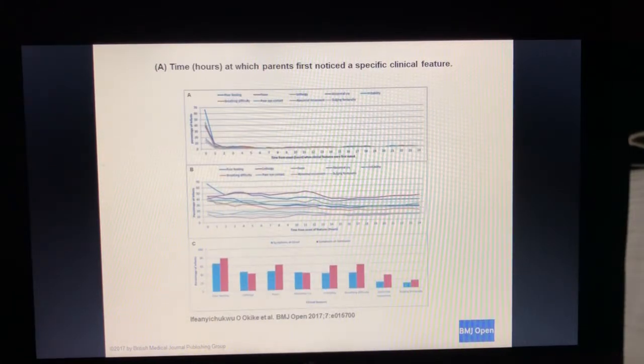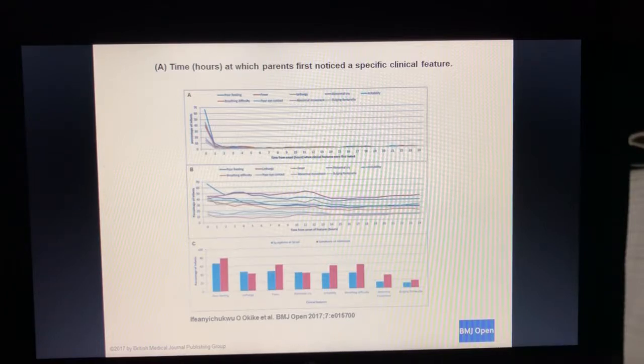And here's the data represented in graphic form. So the top two graphs show the time at which parents first noted each of the specific features, and each coloured line represents one of those clinical features.